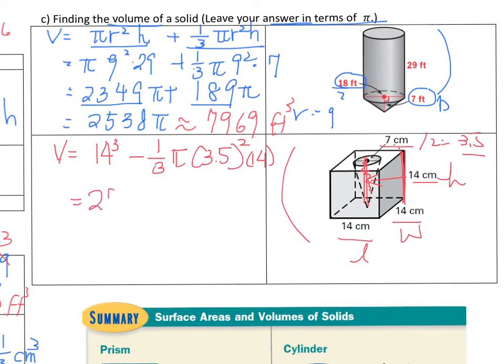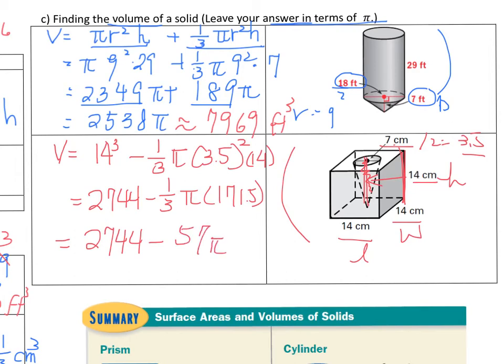Okay, so we do the math. 2,744 minus 1/3 pi times 171.5. And if you leave your answer in terms of pi, it's just 2,744 subtract 57 pi.